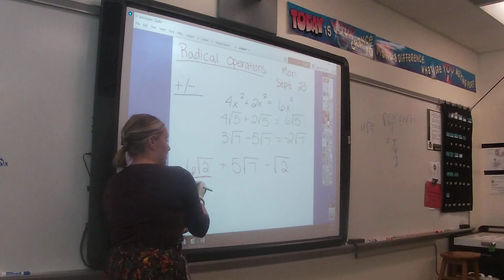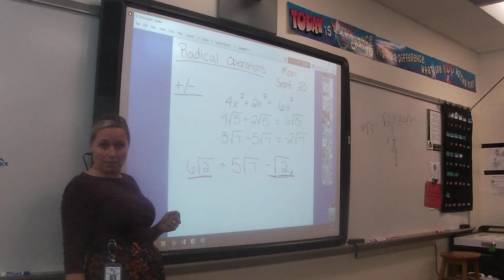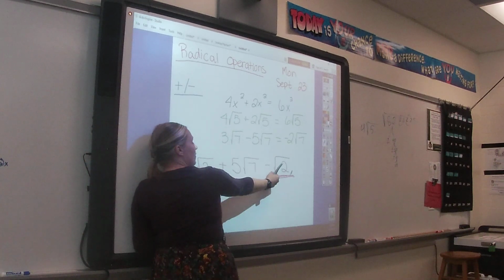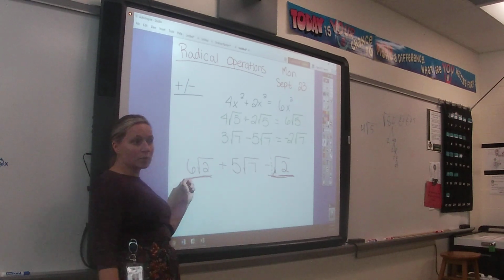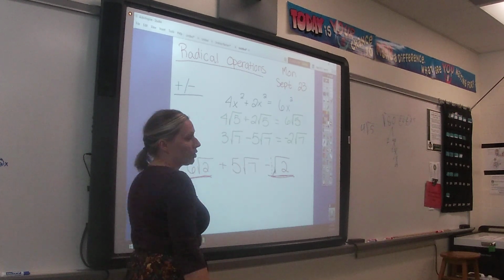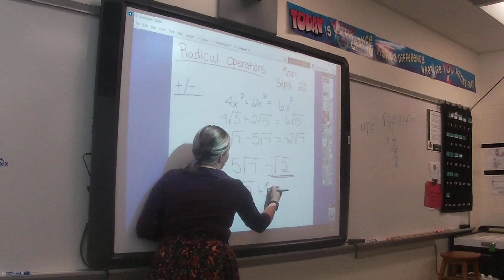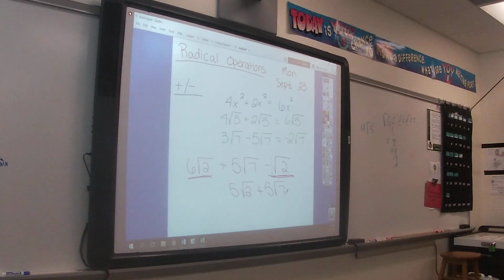But this is a like term with this. What number is sitting here in front of this square root 2? -1. So a 6 square root 2 minus a 1 square root 2 is a 5 square root 2, and we cannot add that with the 5 square root 7 because they do not match.